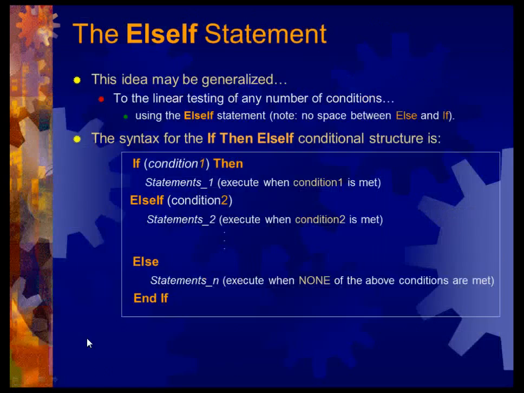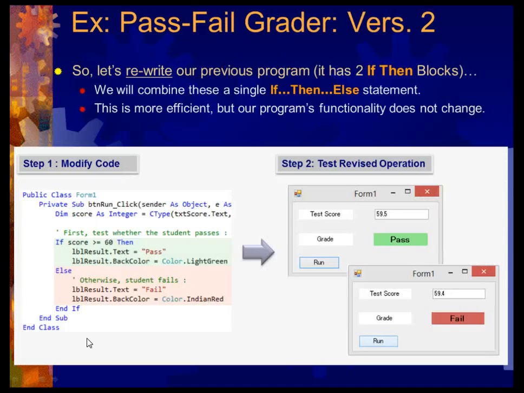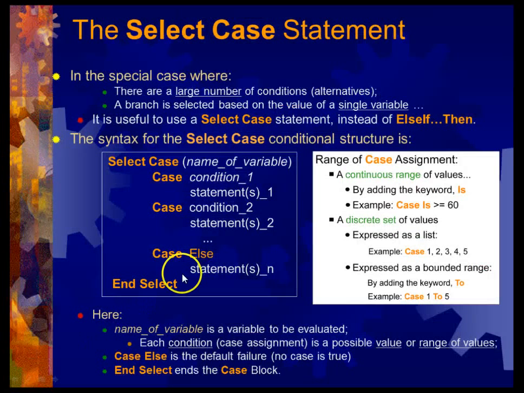So again, going back to here, what's the name of the variable? Score. The first condition is what? So I write case instead of condition. I use case. Case, and what was the first condition? If score was greater than or equal to 60, right?